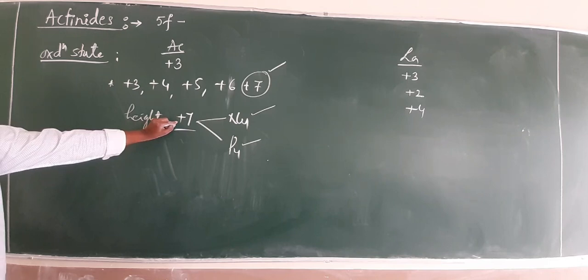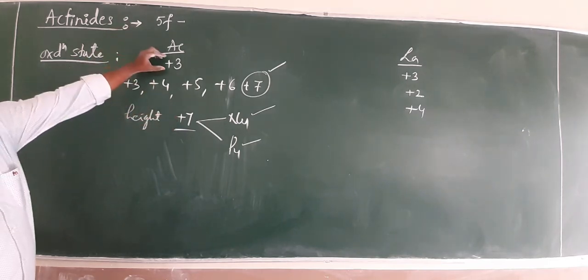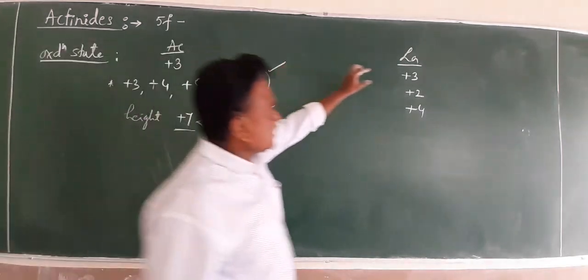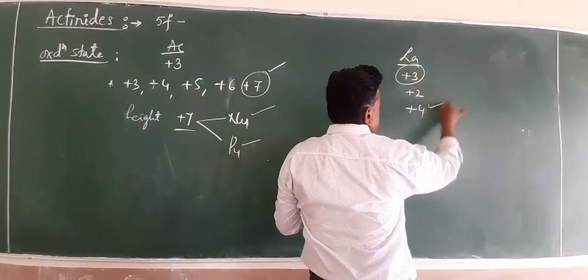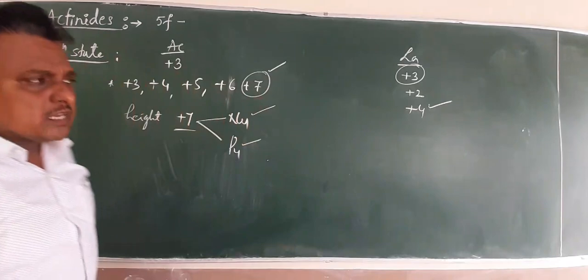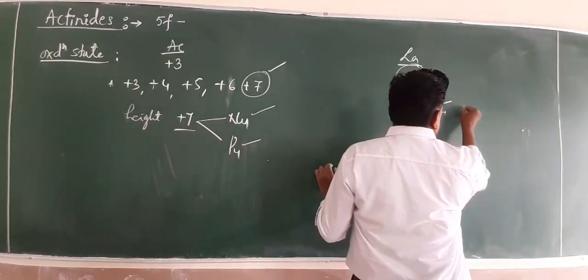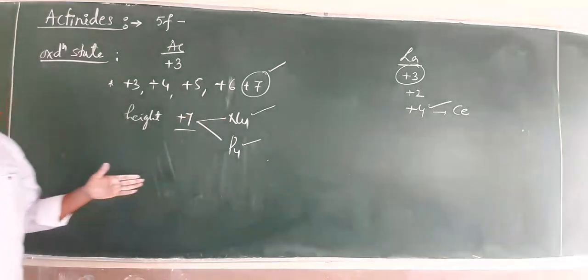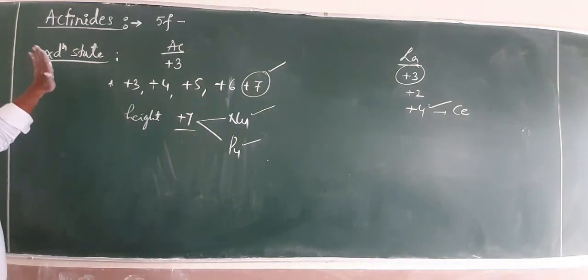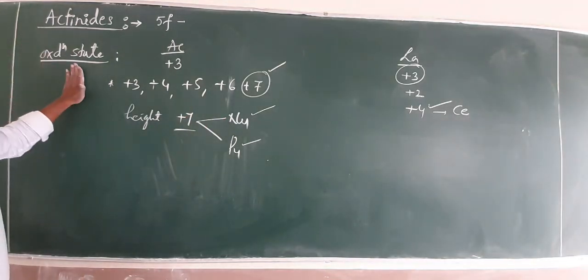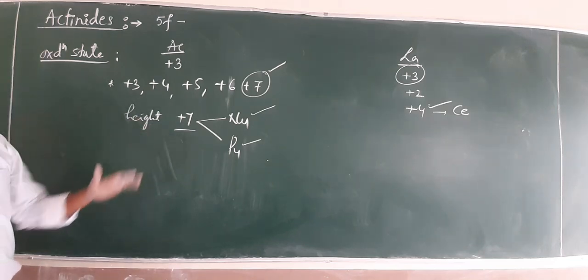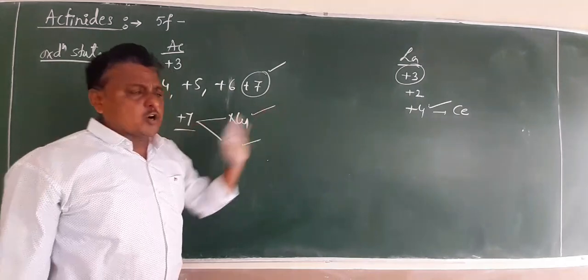I repeat, actinoid is commonly +3, the highest is +7. Lanthanide is commonly +3, highest is +4, which is only cerium. Neptunium and plutonium come under the actinoid series. Only one question will be asked: what are actinoids and why do they undergo contraction.